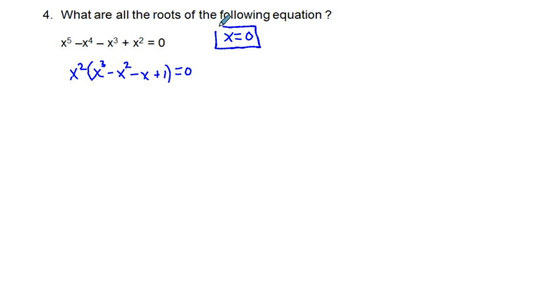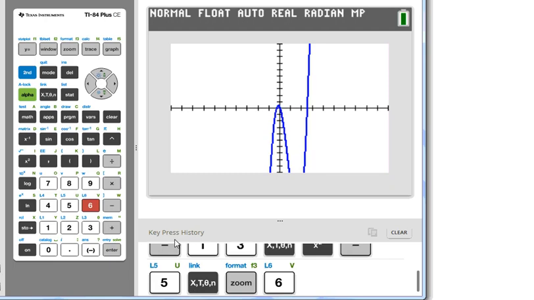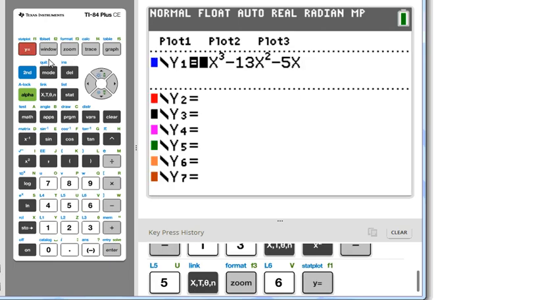That's correct. One thing we can do now is just look at the equation here, just put it in our calculator. We could use synthetic division, a lot of things we could do.